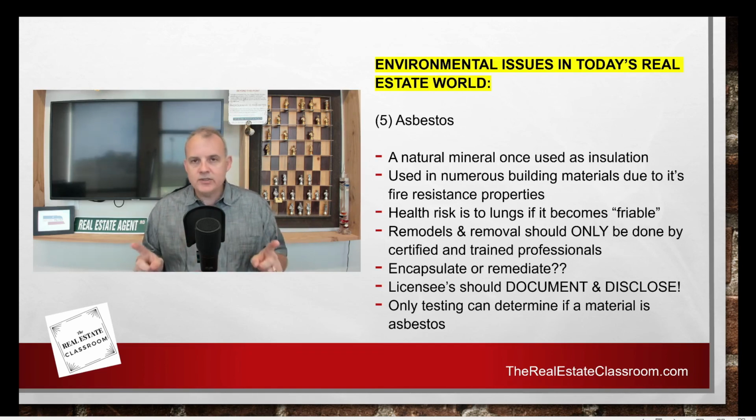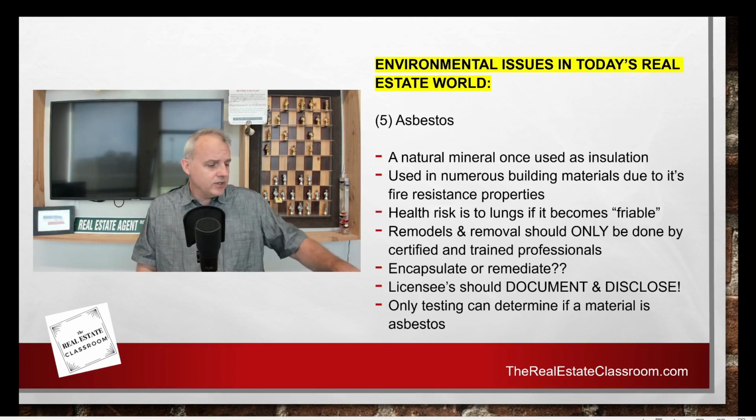So what should the licensee know? Number one, document and disclose, like everything we talked about. If you have knowledge that there is asbestos-containing materials in that house, it has to be disclosed, period. Again, if you don't have knowledge, it doesn't have to be disclosed. Just because a home is built in 1960 and it has shingles that kind of look like the type that were used that had asbestos doesn't mean that we have actual knowledge.